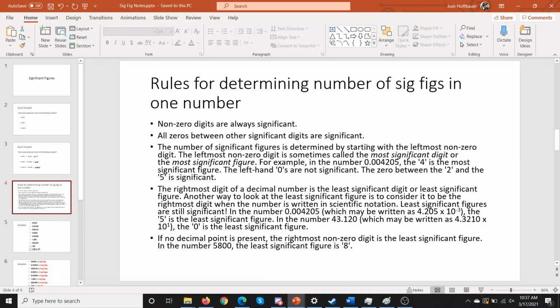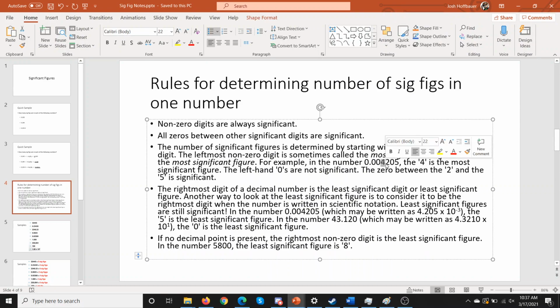So I'm going to exit the presentation mode here. This is where the rules can get kind of fuzzy at times, and I apologize. Even though these 2 zeros are after the decimal point, they are still to the left of the first significant digit. So this 4 is the first figure that isn't 0. This 4 is the first significant figure in this number right here.